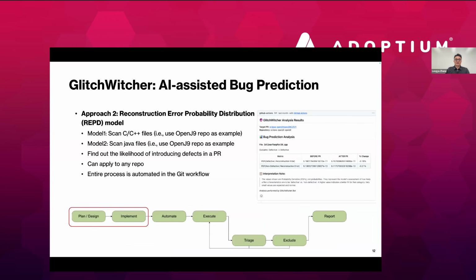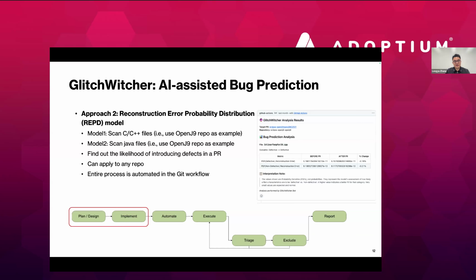And we also explored an approach based on reconstruction error probability distribution. This is a published paper with open source code repos. Based on the code, we first developed the model to scan the C and C++ files. We used the OpenJ9 repo as an example. And since we also have Java files, we also developed the model tool to collect the information for the Java files.